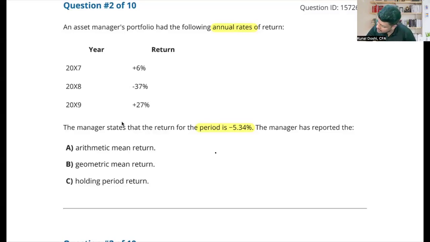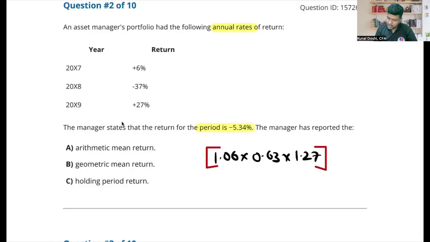So I'll do 1.06 times 1 minus 0.37, which is 0.63, times 1.27. First compound these three: 1.06 times 0.63 times 1.27.